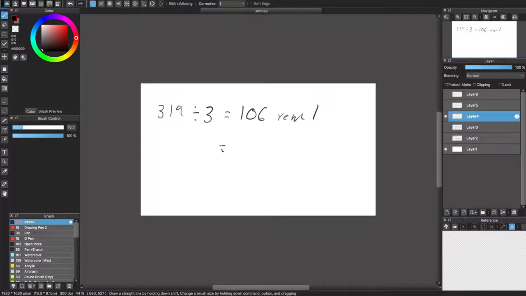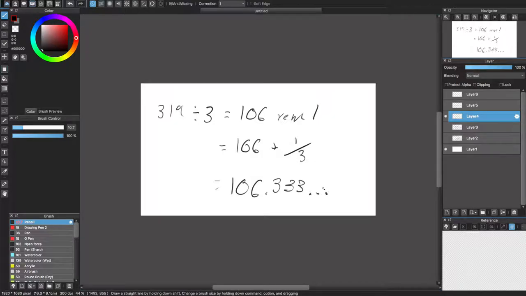Or you could do it the other way: 106 plus 1 over the divisor, plus 1 divided by 3, which is 0.3 recurring.